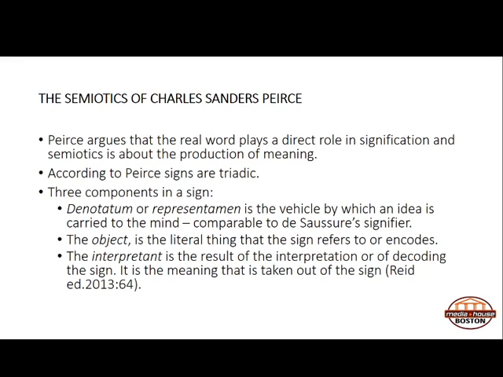So your denotatum would be your smell, the smell that wafts into your nose from the street. And the object is that experience that you had sitting in the movie theater, smelling the popcorn, being with that person. It's that memory. And then the interpretant is the result of the interpretation.